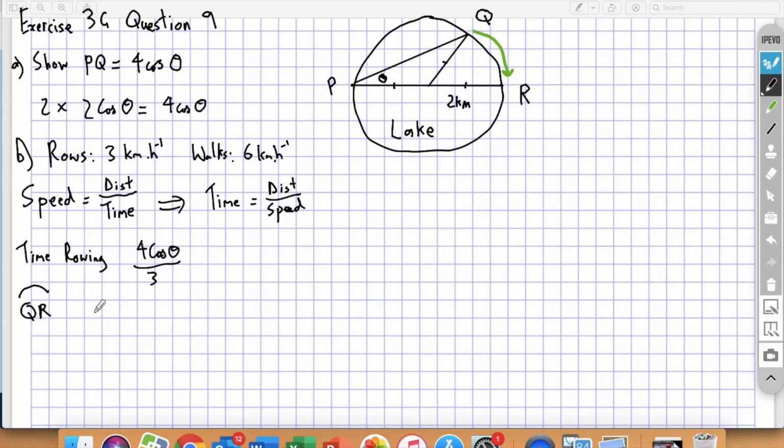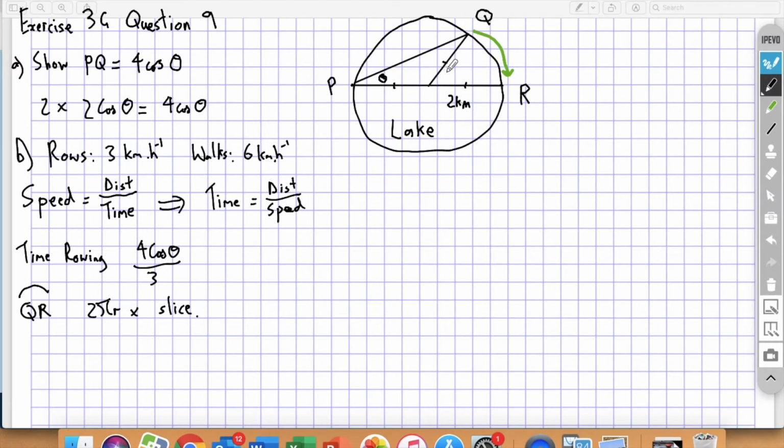It would be some angle divided by 2 pi radians, the distance around the circle, multiplied by the formula for circumference of a circle, which is 2 pi r. So it'll be the circumference of the circle, 2 pi r, times the slice of circle that I'm looking at, right?